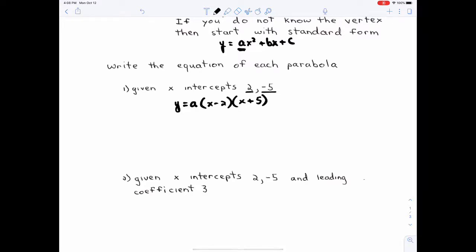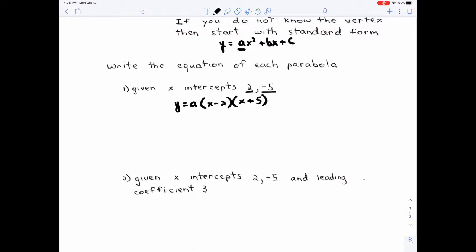Now, here's the problem, though. How many parabolas have those factors? An infinite number, because there are an infinite number of parabolas that have 2 and negative 5 as x-intercepts. And what's the only way they differ? The leading coefficient, a. So we've got to figure out what a is.